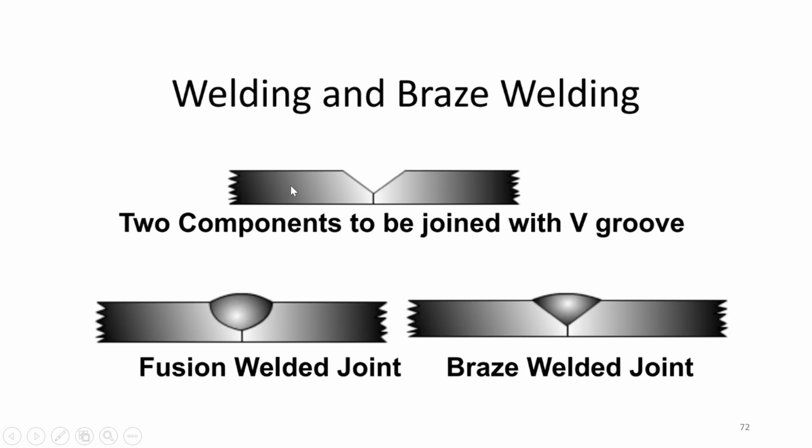In fusion welding, some part of the parent metal will be melted as well and will join this weld, while in a braze welded joint, the only melting part will be the braze filler metal. Okay, so it has two components to be joined with a V groove.